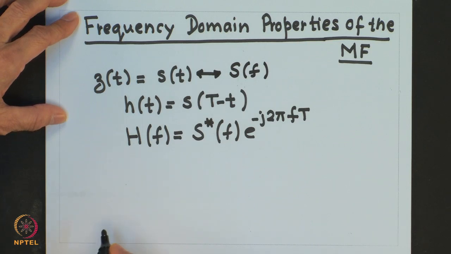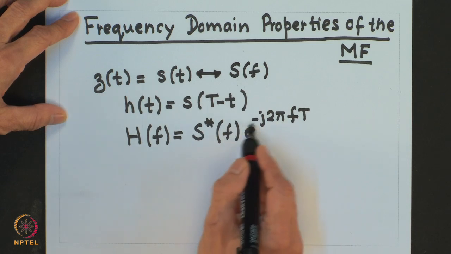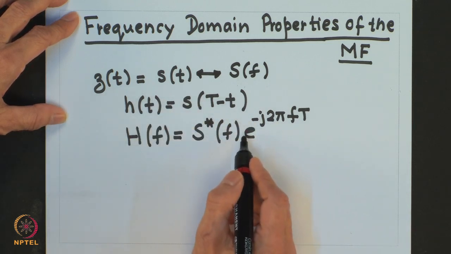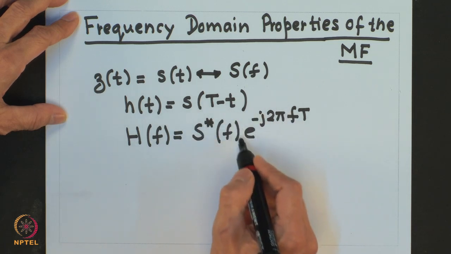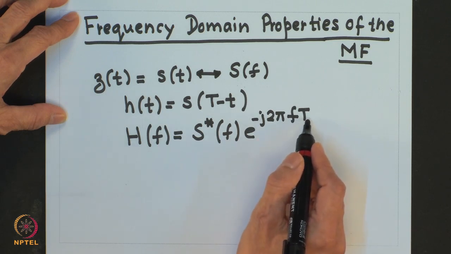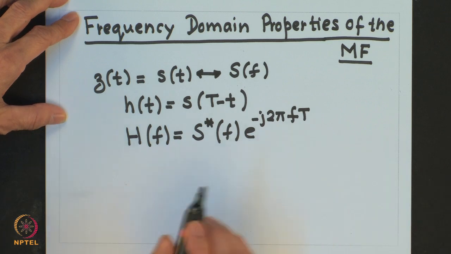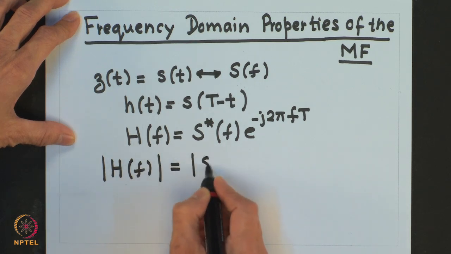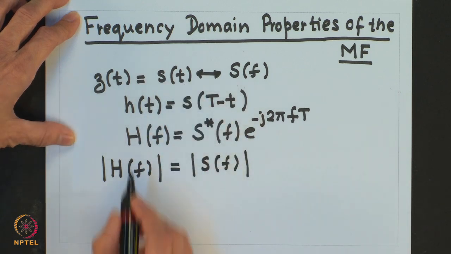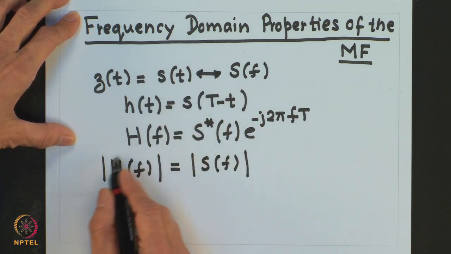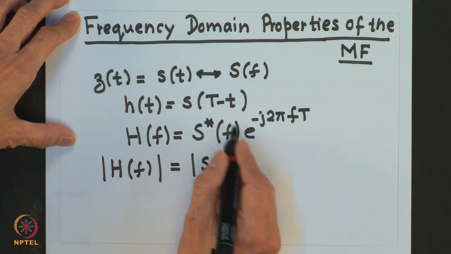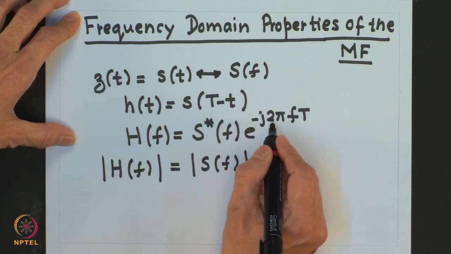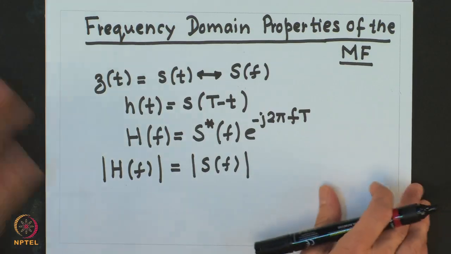This matched filter frequency response is the complex conjugate of the transmitted signal spectrum multiplied by the phase factor e raised to minus j 2 pi f T, which represents the sampling delay of capital T. In other words, the magnitude response of the matched filter is identical to the magnitude response of the signal St, and the phase of HF is the negative of the phase of SF shifted by 2 pi fT.